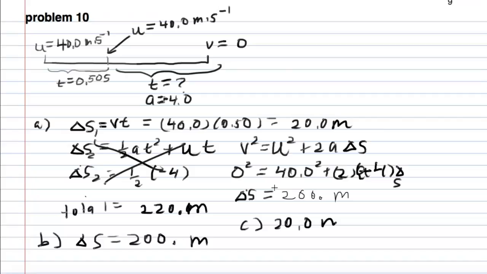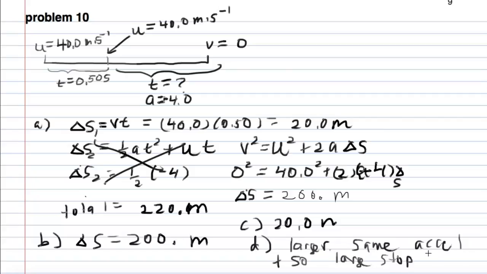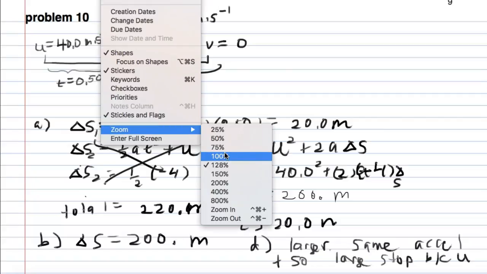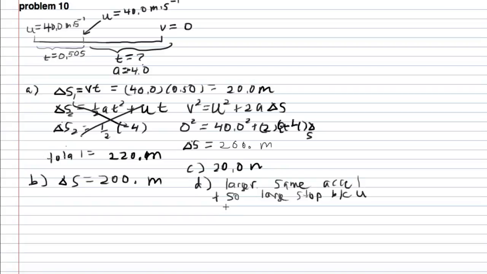So the answer to that, I'm going to suspect larger, because it's the same acceleration, and so larger stopping distance because U was faster. So that's problem number 10.